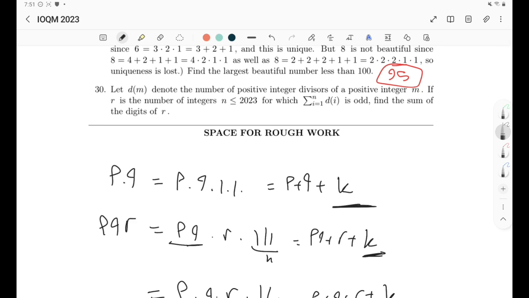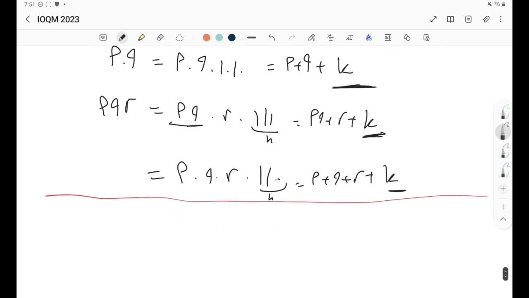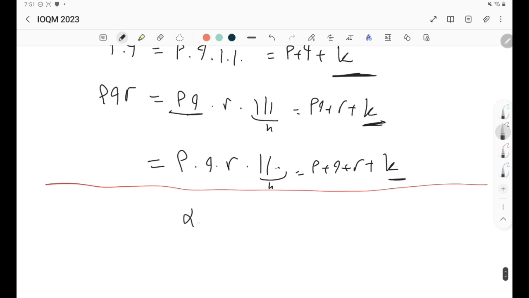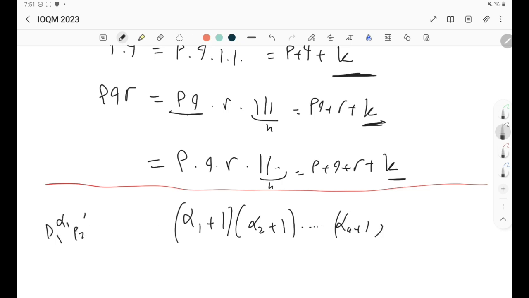This is actually a very standard and very famous thing. If we look at d(n), the number of divisors, the formula is just (alpha 1 plus 1) times (alpha 2 plus 1) and so on till (alpha k plus 1), if the number is of the shape p1 to the alpha 1, p2 to the alpha 2, till pk to the alpha k.